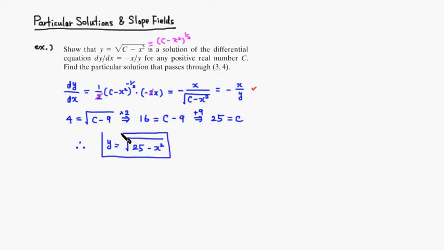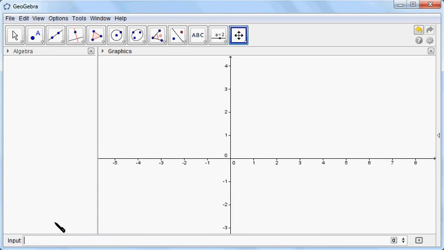Now let's look at the slope field for this differential equation. This is our differential equation, and I'm going to cheat a little bit and use a software called GeoGebra. I'll open that up. If you want to see a slope field, there's a convenient command called SlopeField.